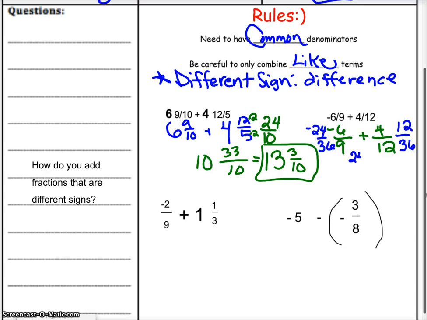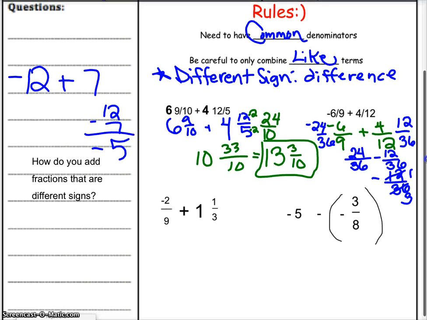I'm going to go 24 over 36 minus 12 over 36. And that turns to 12/36. Hold on. And then I have more negatives, so you make it negative. Simplifying at the end, that's negative 1/3.